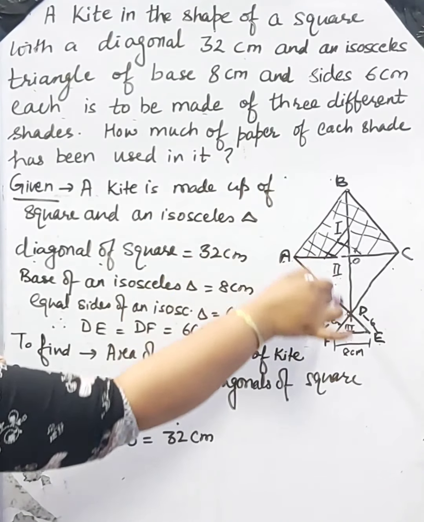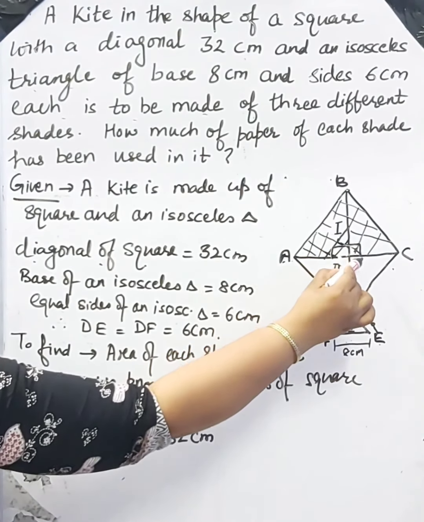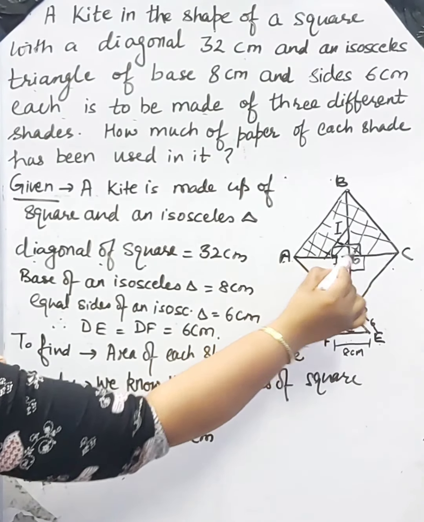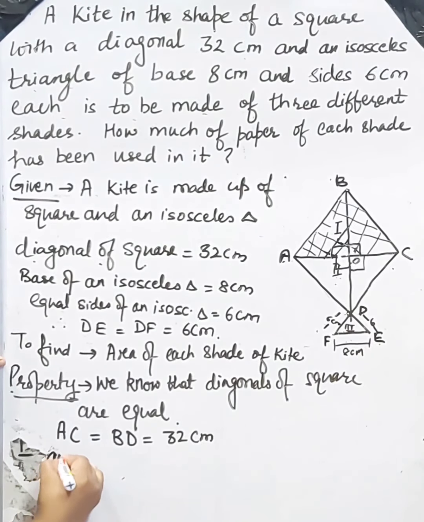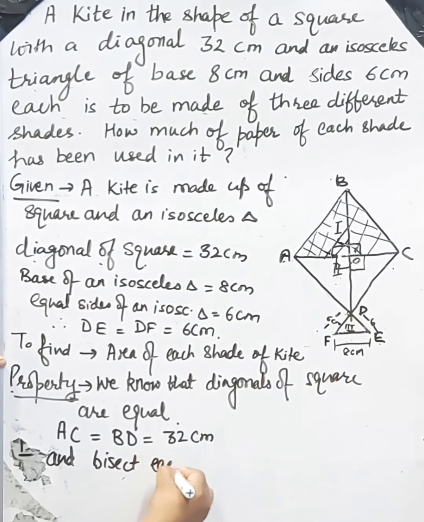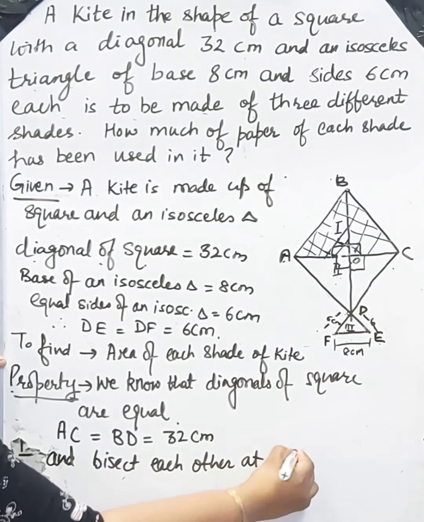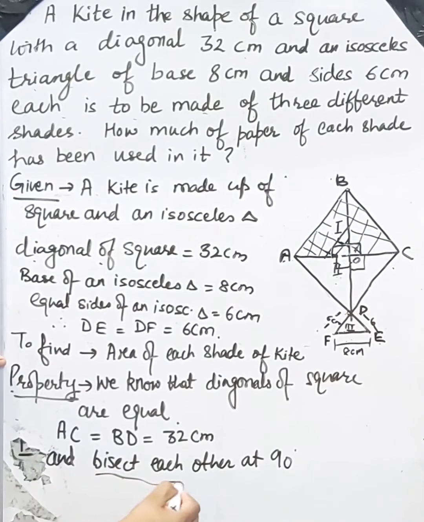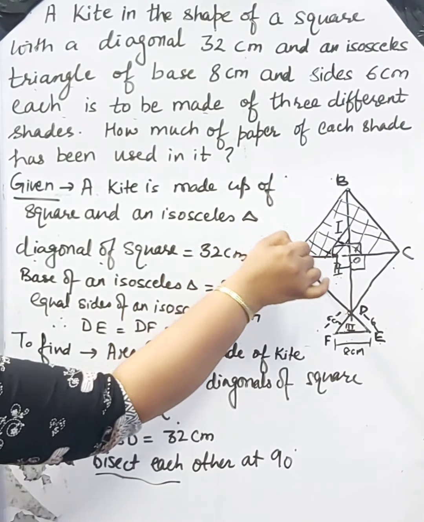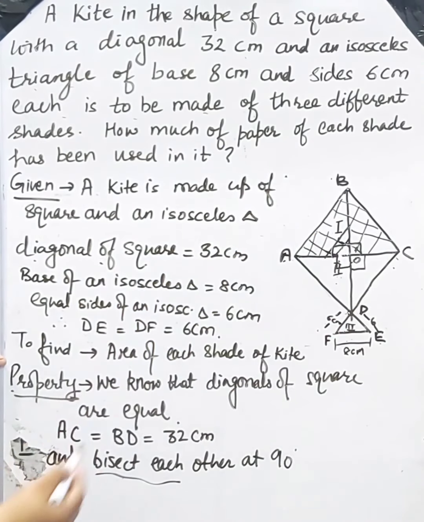We know that diagonals of a square are equal and bisect each other at 90 degree. Bisect each other means AO equal to OC and BO equal to OD.